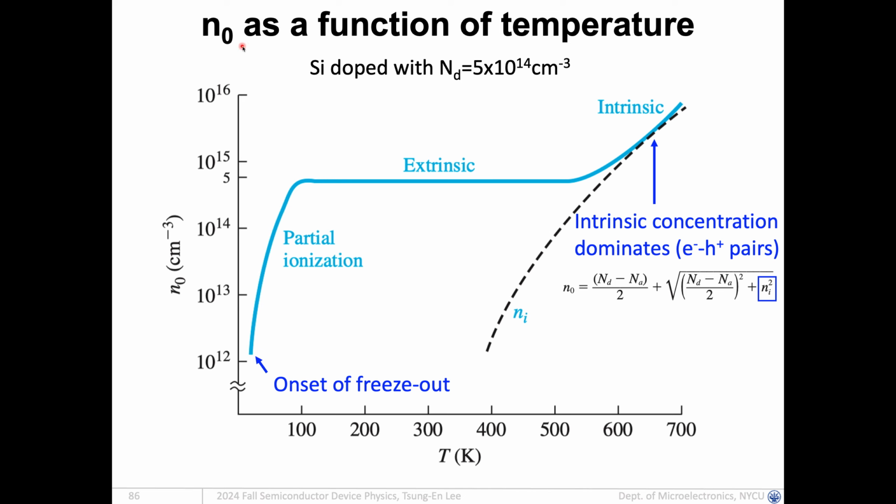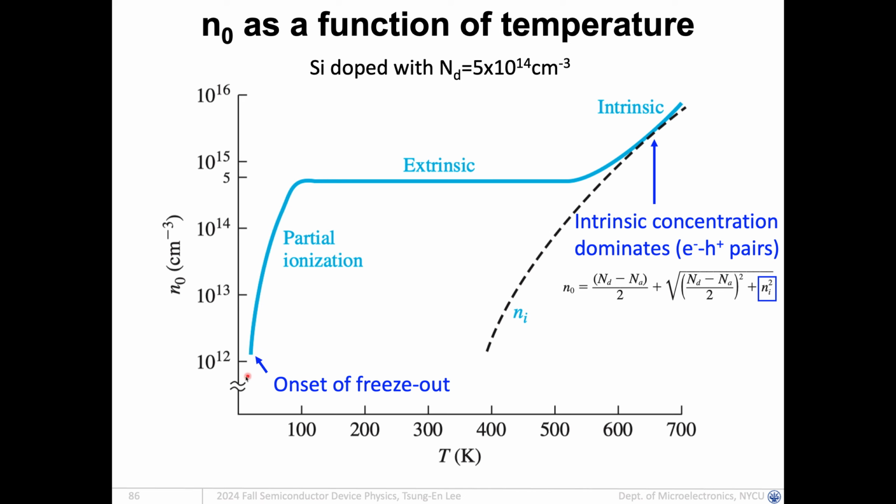So if we plot the carrier concentration as a function of temperature, when the temperature is very low, close to the freeze out, the donor has no additional electrons or holes to provide in the conduction band and valence band.